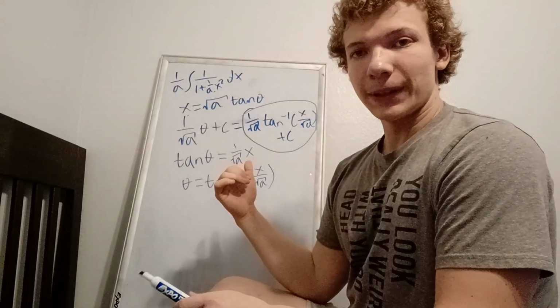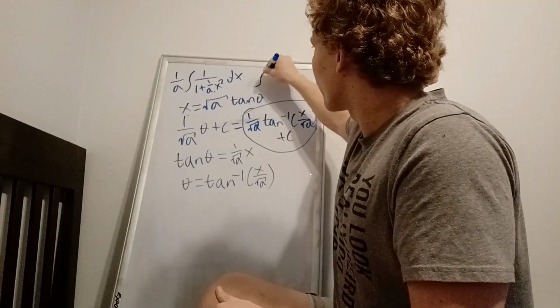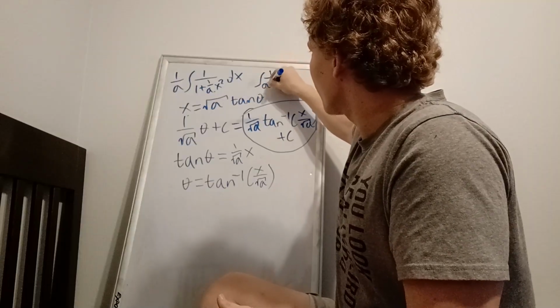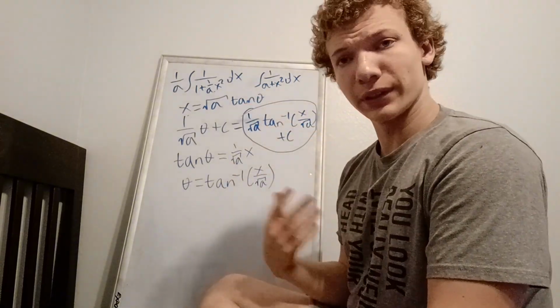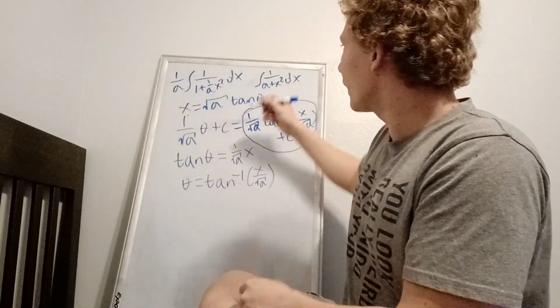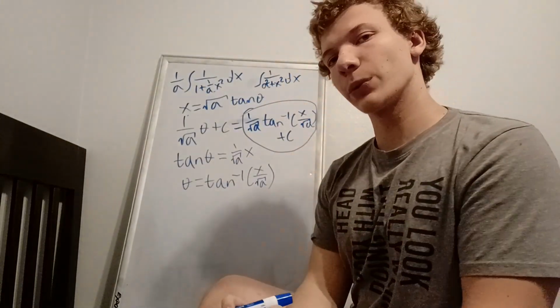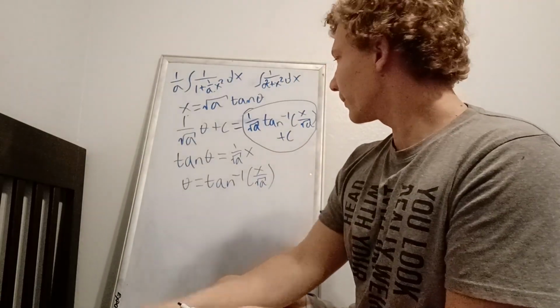Now, you'll most commonly see this in a textbook. Remember, this integral was 1 over a plus x squared. But mostly, if you're looking in a textbook or something, they'll have this as already being some number squared, which maybe makes the formula a little easier to remember.